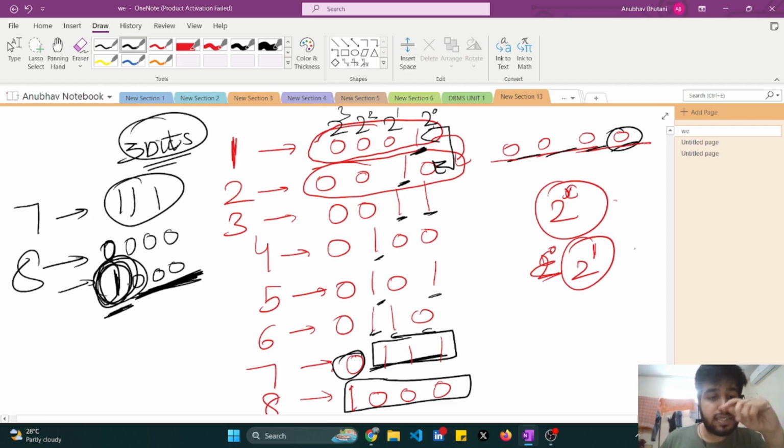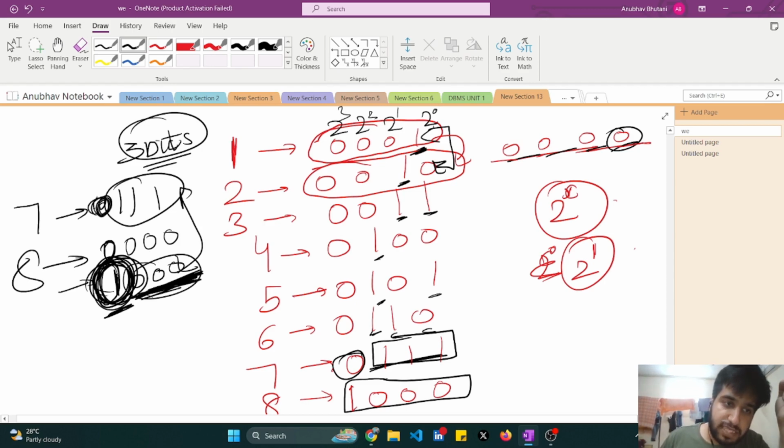And what I'll do is I'll just reverse this bit to 1, and all the other bits become 0. So if I do the AND with this, this position will always be 0. In 1000, this is 8 and this is 7.